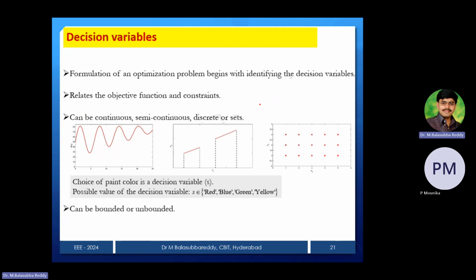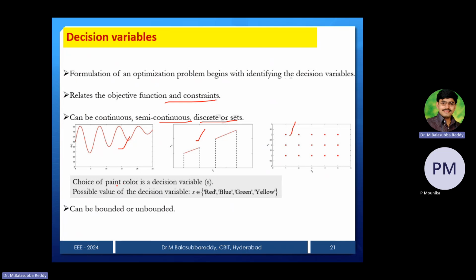These are the control variables we need to control to get the desired variation in the objective function, subject to the constraints. The objective function and constraints can be continuous, semi-continuous, or discrete. All these things are available.